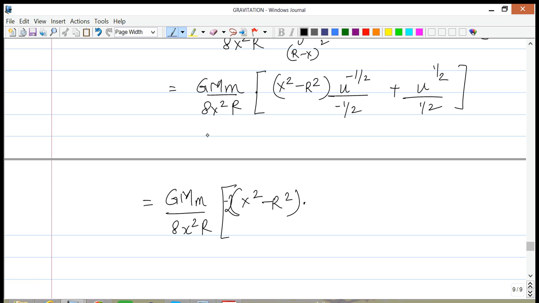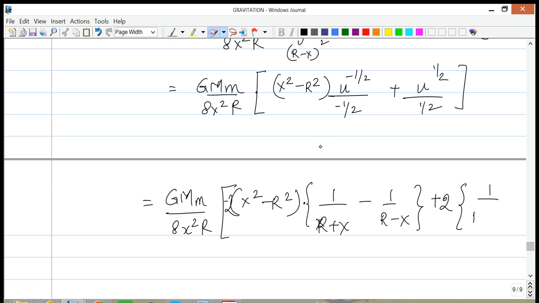2, and then what I have is 1 over r plus x minus 1 over r minus x, plus 2 times, so the numerator here is simply r plus x minus r plus x. Let me close the brackets.